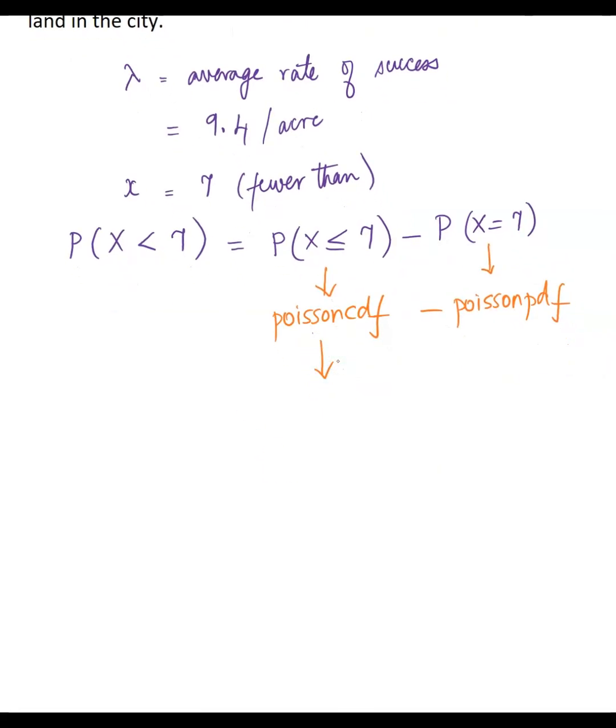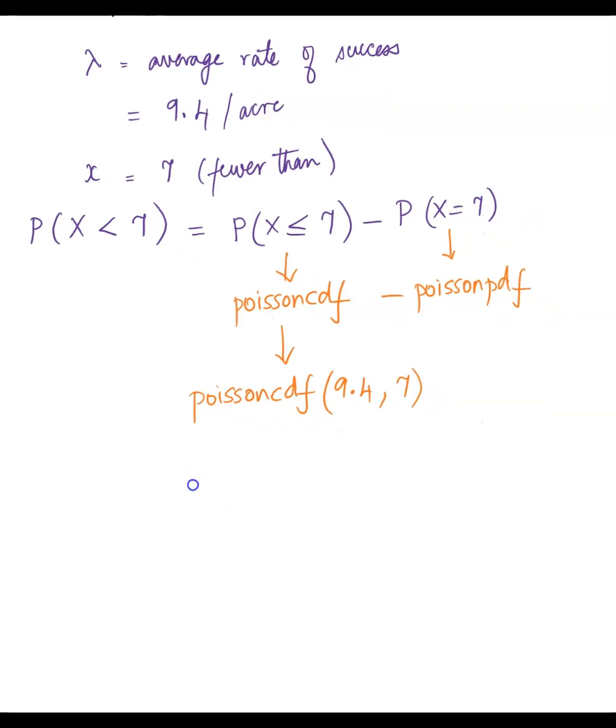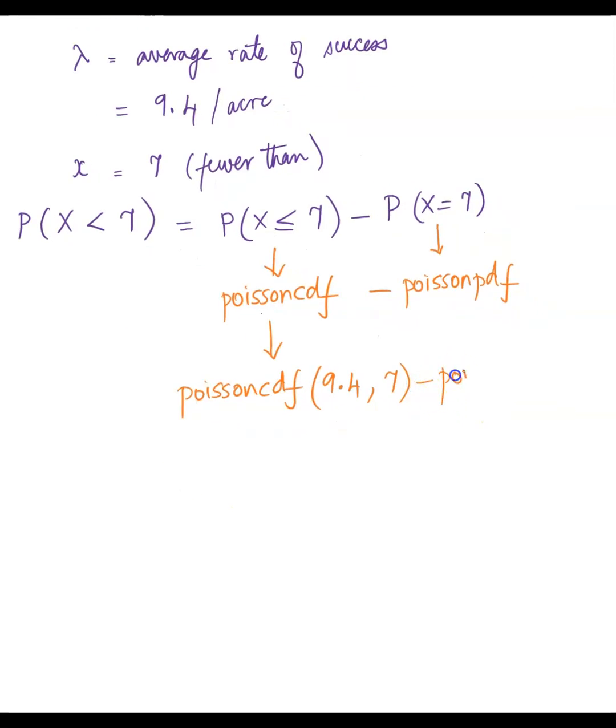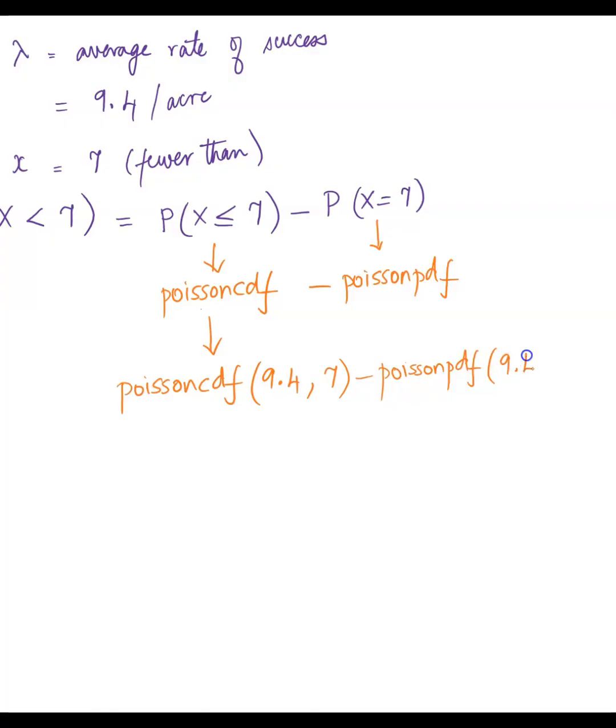Okay, so remember to follow the same steps in your calculator. For Poisson CDF, I'll just enter the values that I had here. Poisson CDF, parentheses, 9.4, comma, 7, which is going to give me less than or equal to 7, minus Poisson PDF, 9.4, comma 7.